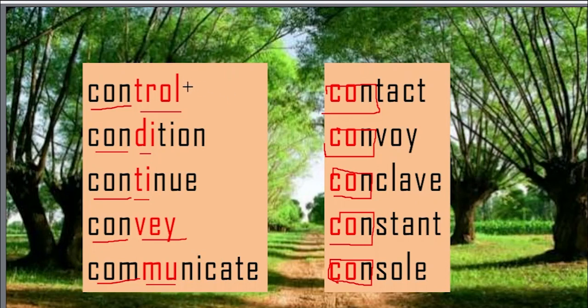And when the accent does not fall on it, it falls on the second syllable. We say control, condition, continue, convey, communicate. So that is the difference. When the accent falls on it, we say contact, convoy. And when the accent does not fall on it, we say control, condition, continue.